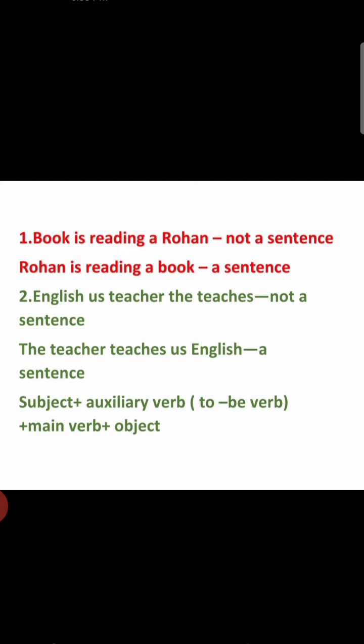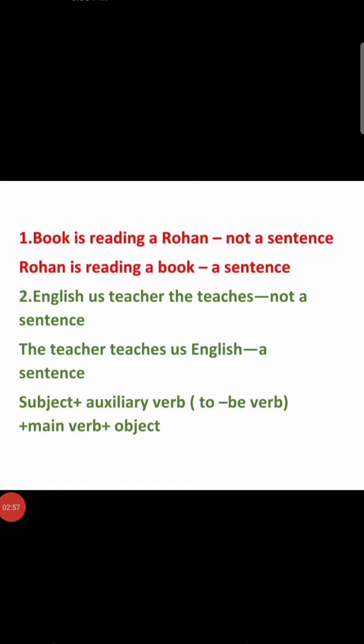To be more precise, it consists of a subject, then an auxiliary verb or a helping verb or a to be verb, followed by a main verb, and then an object. If a group of words doesn't express meaning, then it can never be called a sentence, and you already know that. So let's look at some examples.